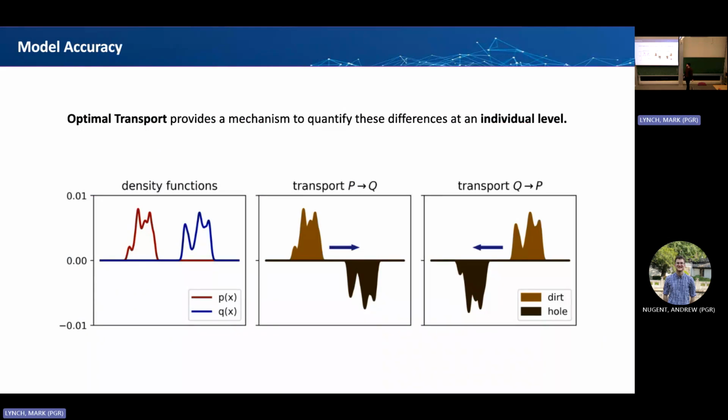Optimal transport is a way of looking at the similarity between two distributions. Imagine that one of your distributions is a pile of dirt and the other is a hole, and you want to see the difference in mass between each and how much effort it takes to pick up the pile of dirt and move it to the hole, where effort is the weight of the dirt multiplied by the distance you have to travel with it.